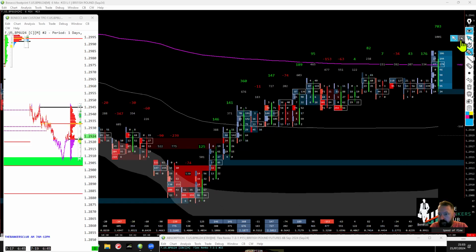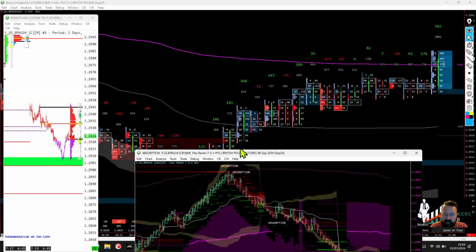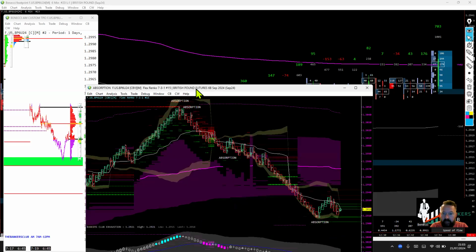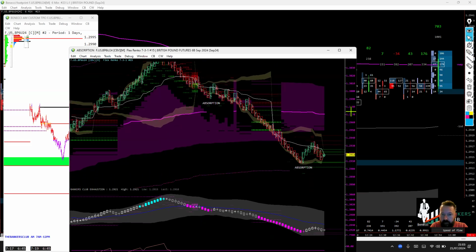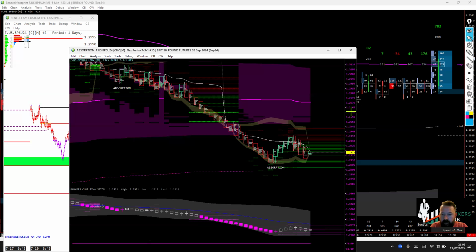We can also use one of my other charts to help confirm this, which is my absorption chart. And this is that area of interest here. So we came down. I'll just zoom in a bit.